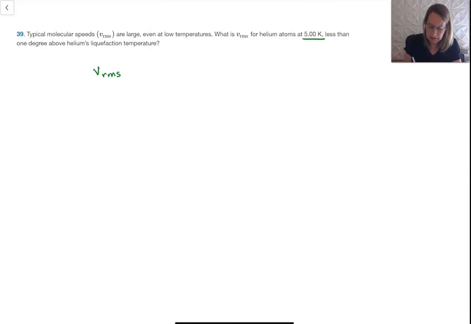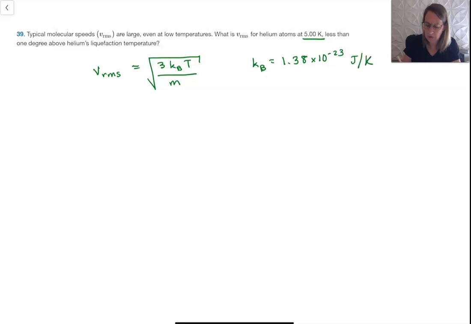So the RMS speed is just the square root of 3 Boltzmann's constant times the temperature over the mass. Now, Boltzmann's constant is 1.38 times 10 to the minus 23 joules per Kelvin. Our temperature is 5 Kelvin. And again, we've got to watch our units.